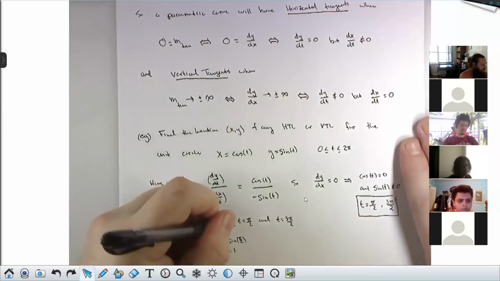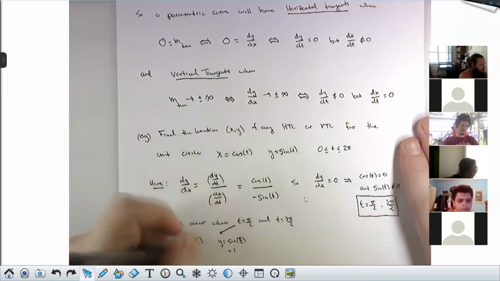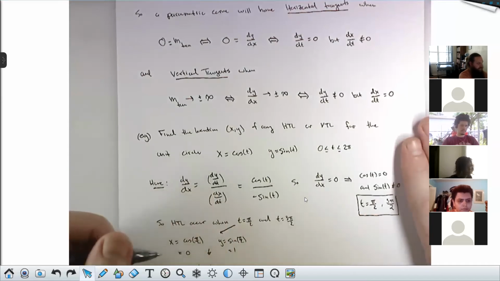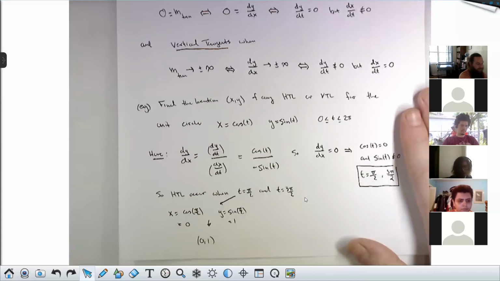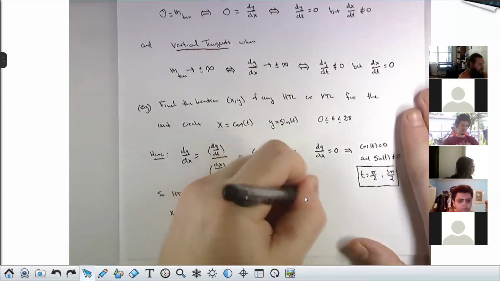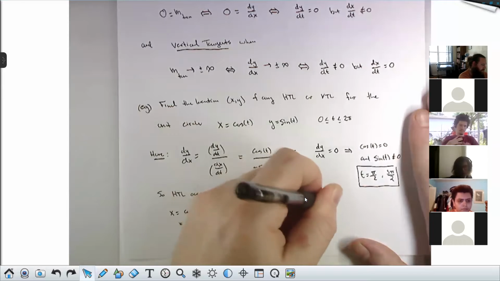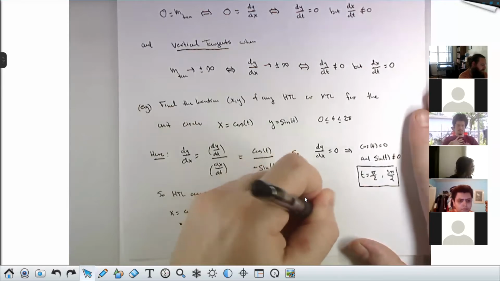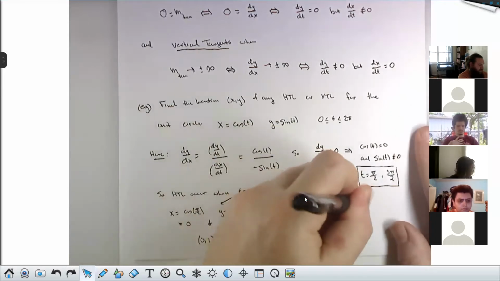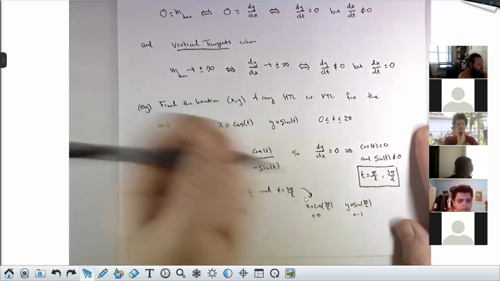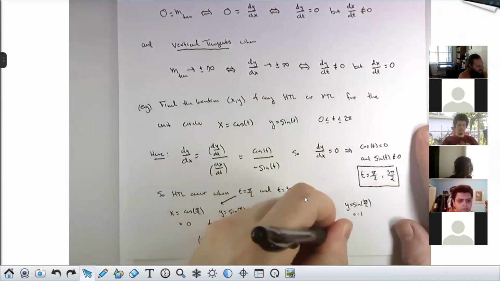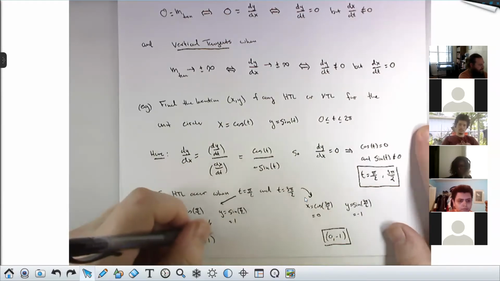So this first guy leads us to the point 0, 1. And this other guy, when x is cos of 3 pi over 2, that's still 0. Y is the sine of 3 pi over 2, that's negative 1. So the other point on the unit circle where we have horizontal tangents is 0, negative 1.